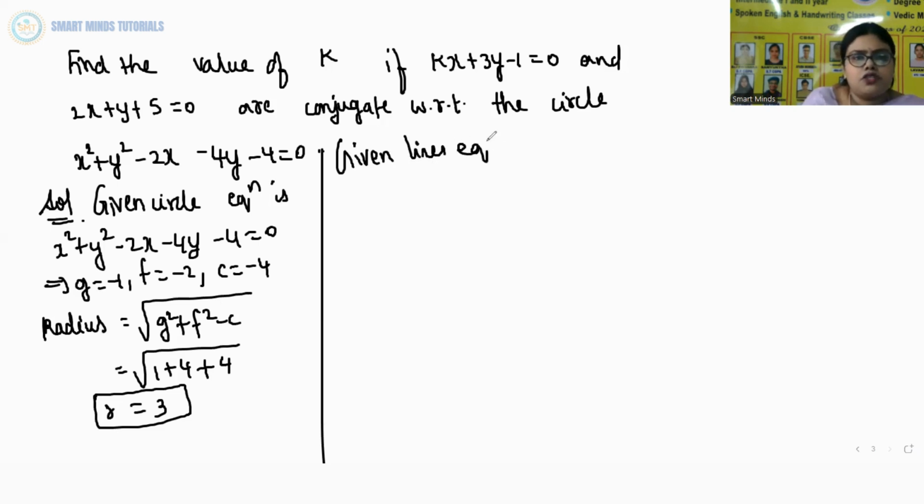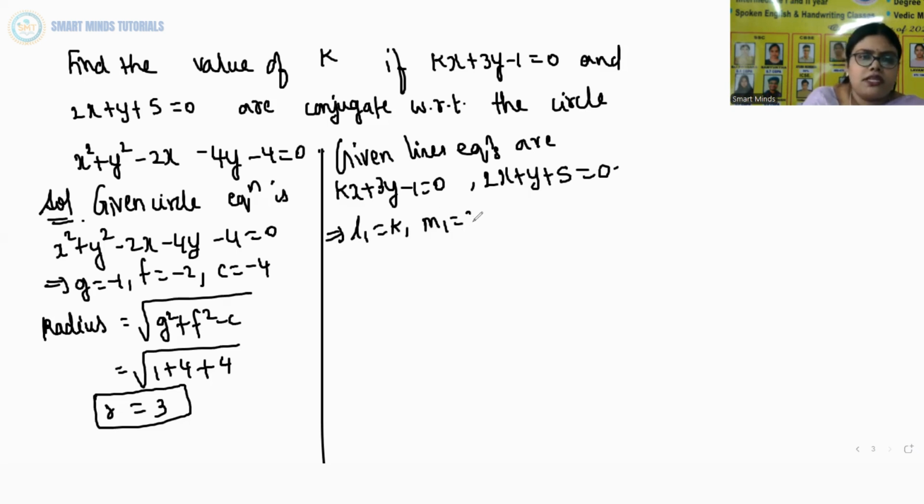Given line equations are kx plus 3y minus 1 is 0 and 2x plus y plus 5 is 0. From the first line we get l1, m1, n1. l1 is k, m1 is 3, n1 is minus 1. And then l2 is 2, m2 is 1, n2 is 5.